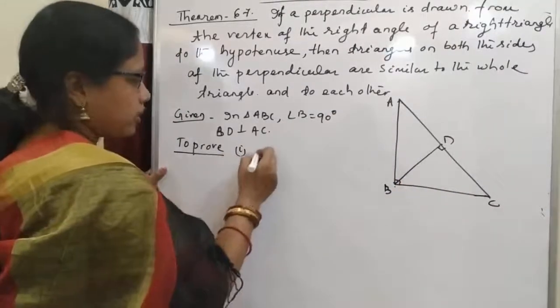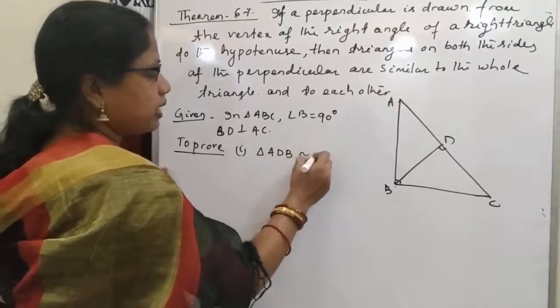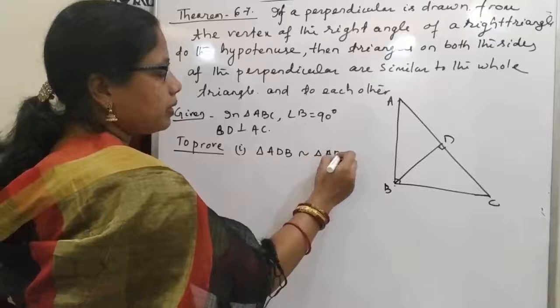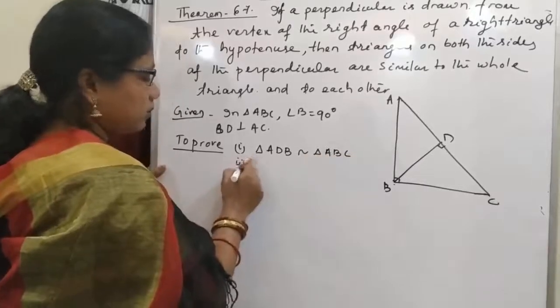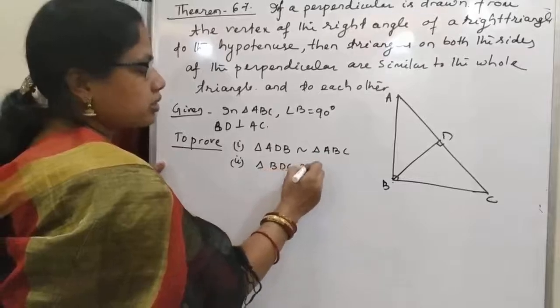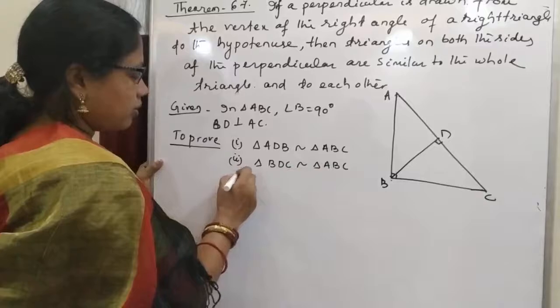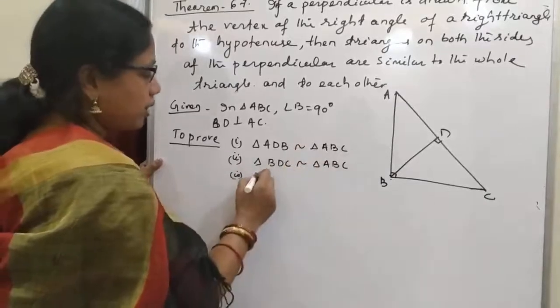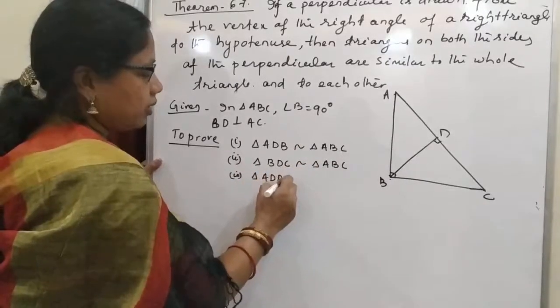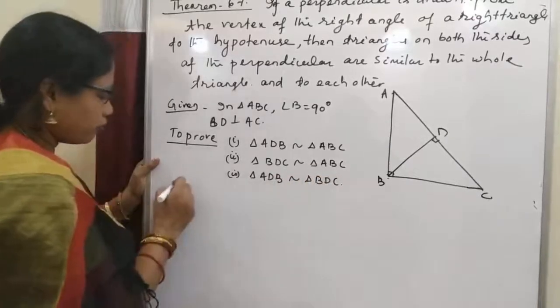So first, triangle ADB is similar to triangle ABC. Second, triangle BDC is similar to triangle ABC. And third, they are also similar to each other, so triangle ADB is similar to triangle BDC. Then proof.